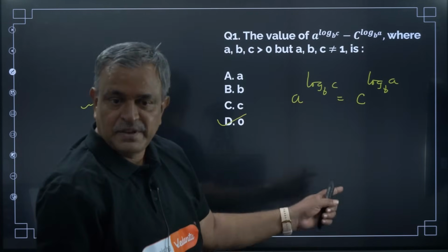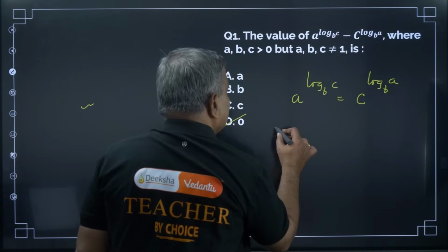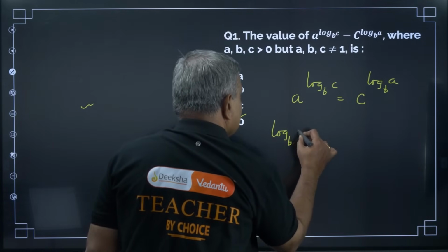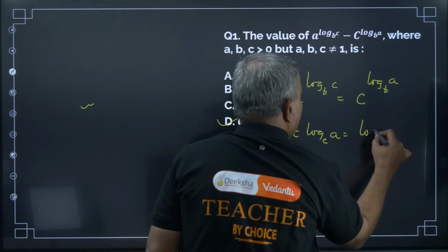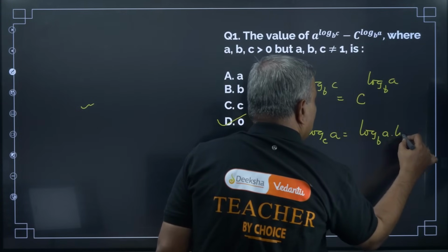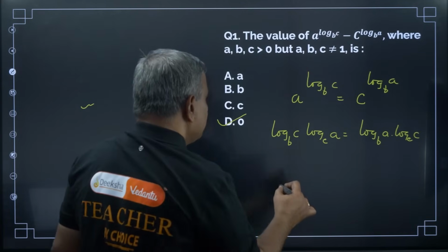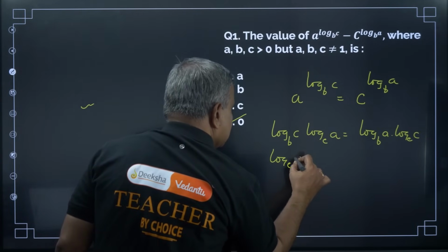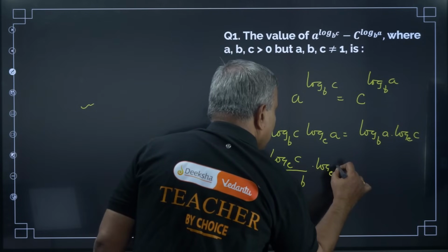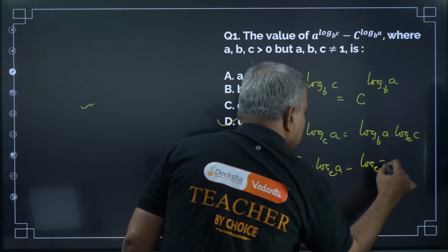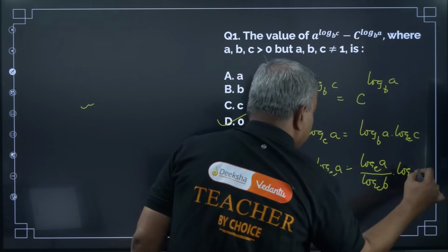If you want to verify whether it is correct or not, take log base e on both sides. So we get log base e of BC times log base e of A is the same as log base e of BA times log base e of C. You change the base: log base e of C by log base e of B into log base e of A, and log base e of A by log base e of B and log base e of C. See, both are the same.